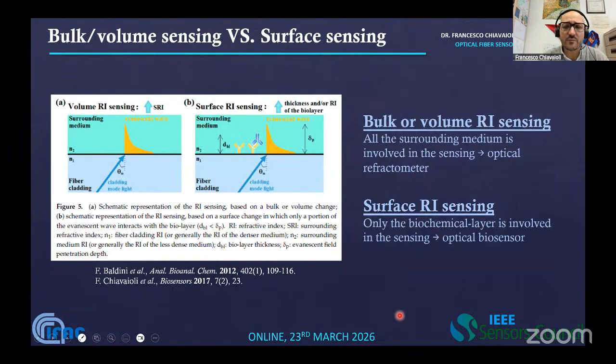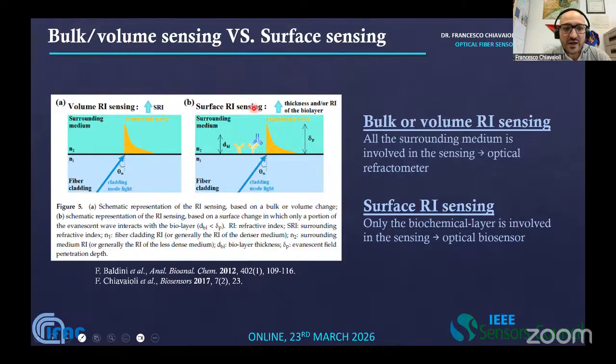Another fundamental concept which is important to know is the distinction between bulk or volume refractive index sensing and surface refractive index sensing. In the first case, as here, we refer to an optical refractometer, so a device that can distinguish the refractive index of the solution. And in this case, all the surrounding medium is involved in the sensing.